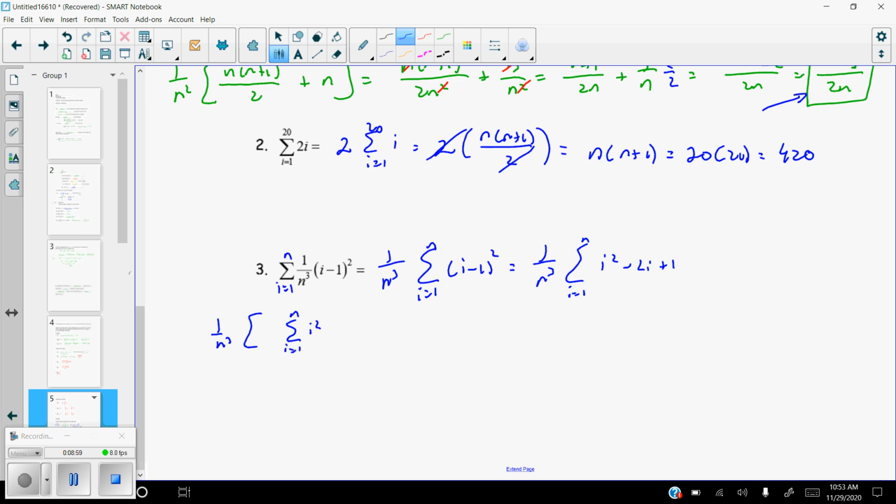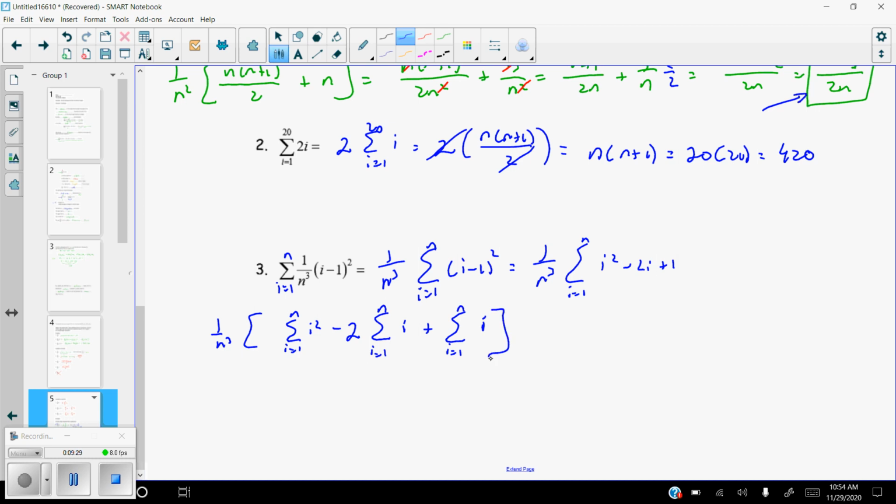It gets kind of tedious to write all these, so I'm going to do the next step in one piece. I've got a minus 2i, so it's going to be a minus. I'm going to bring the 2 to the front of its sum, so all I have left in there is an i to deal with. You could have written it as minus the sum of 2i and then pulled the 2 out later. That's fine too. And then the last one is just the sum of 1. i goes from 1 to n.